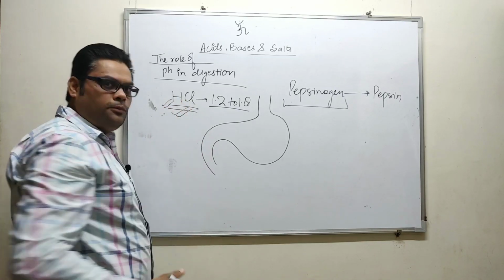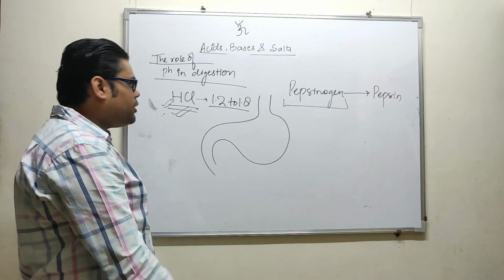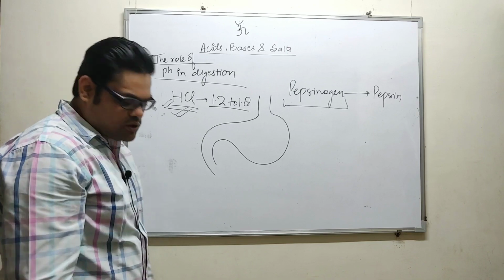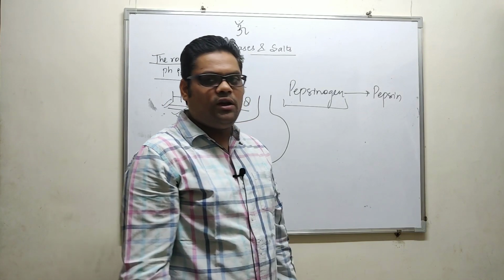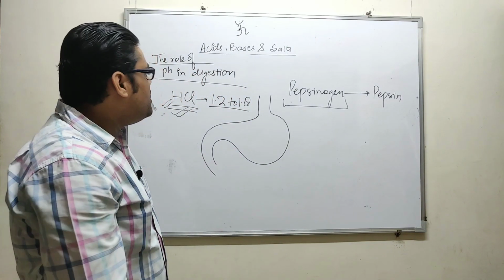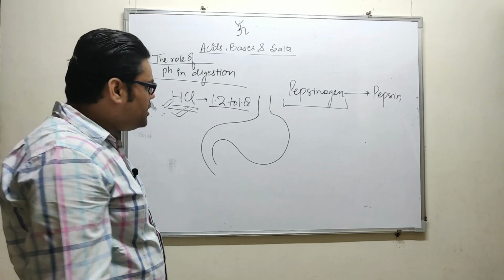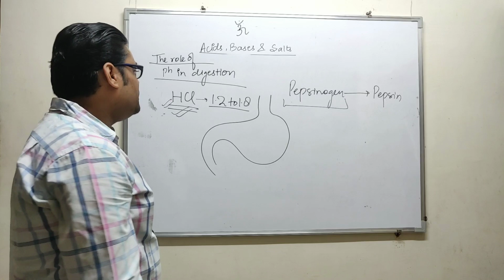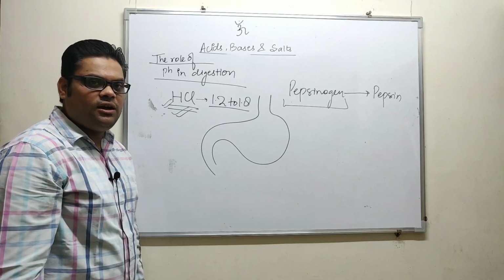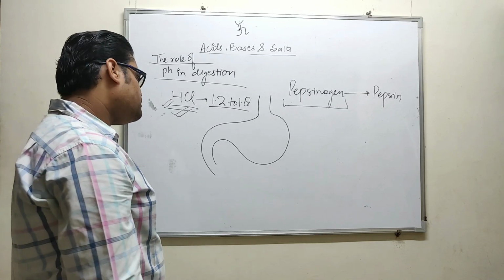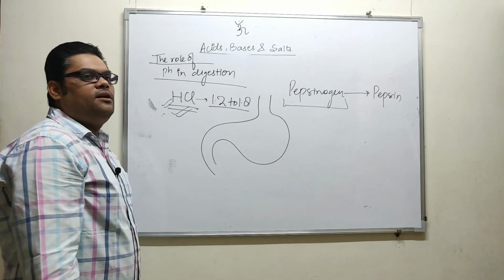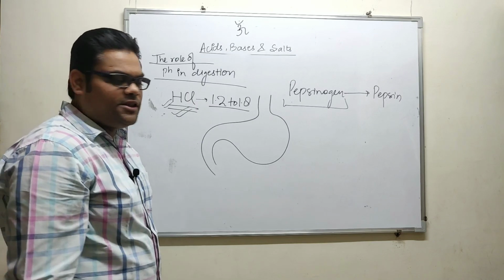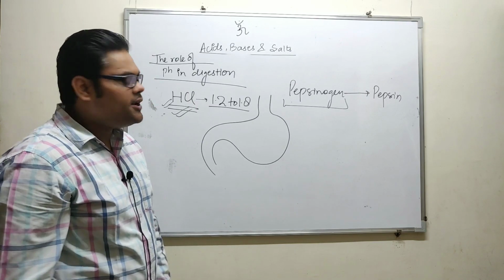HCl also plays one more important role over here. As the pH is very low, the medium is highly acidic, it also acts as an antimicrobial agent. The HCl basically kills the pathogens, and because of hypersecretion of HCl, we have hyperacidity, reflux and all.